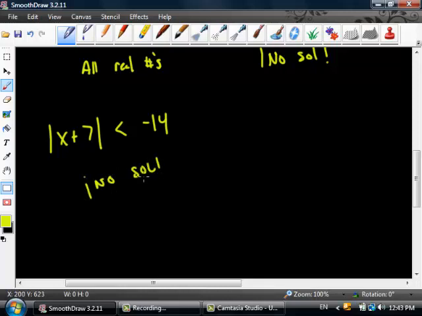Because there are no numbers that are equal, because the left side is positive and the right side is negative, and negative is never greater than positive. Perfect. Any questions on this section? Any questions? Okay.